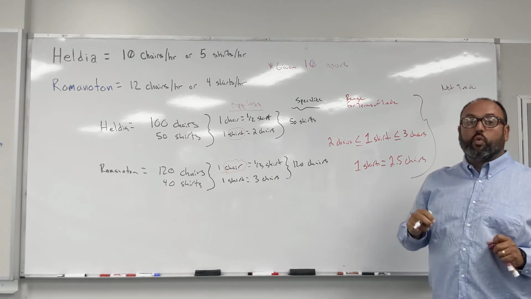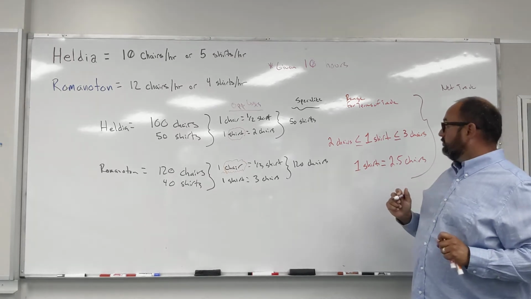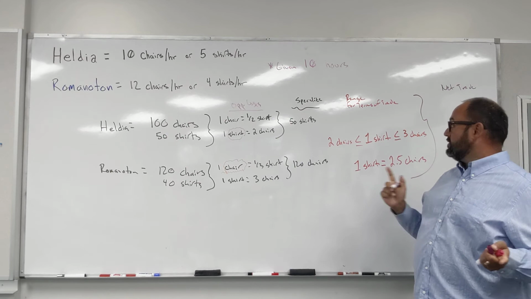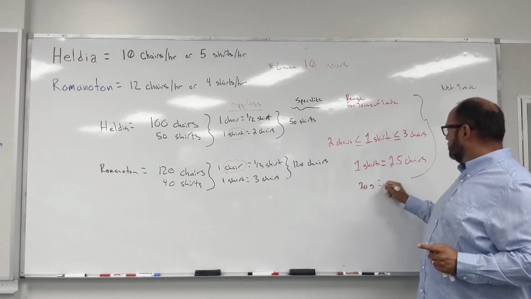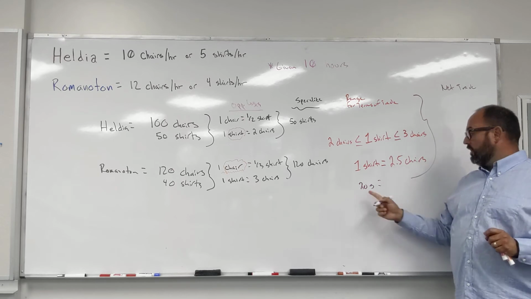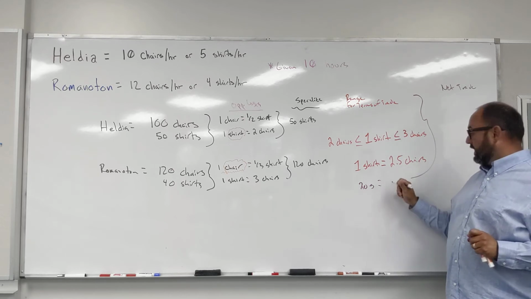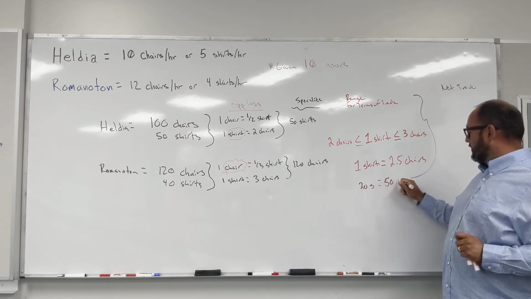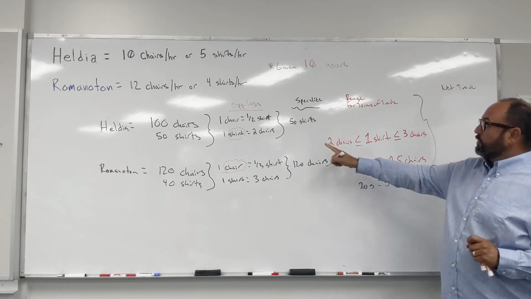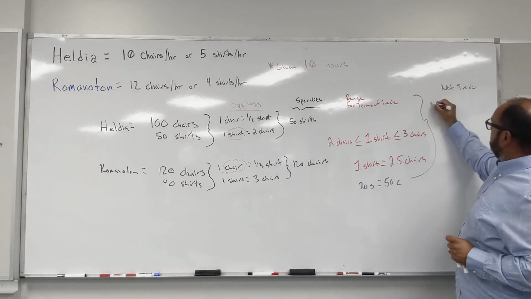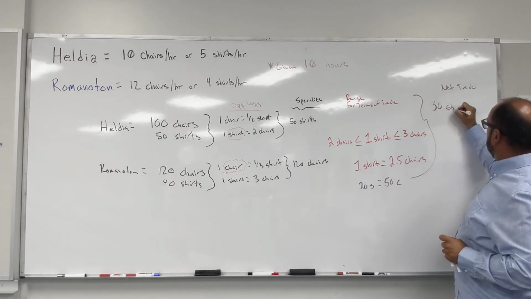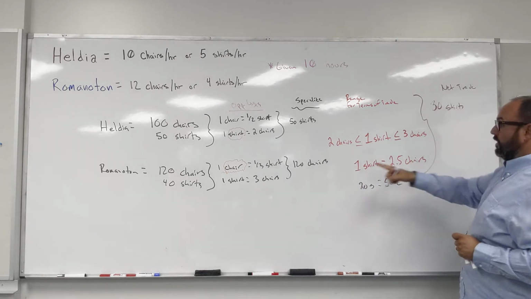I think they're going to sell 20 shirts. How's that sound? 20 shirts? So what is 20 shirts equal to in this ratio? 20 times 2.5, last time I checked, is 50 chairs. So Heldia is going to sell 20 of their shirts, which is going to leave them with 30 shirts.